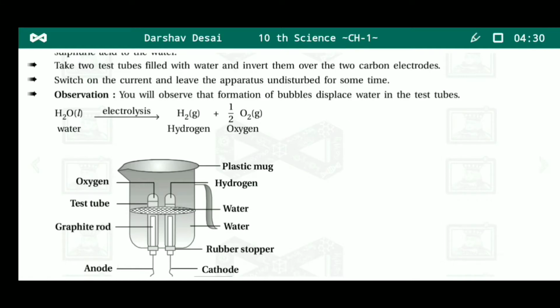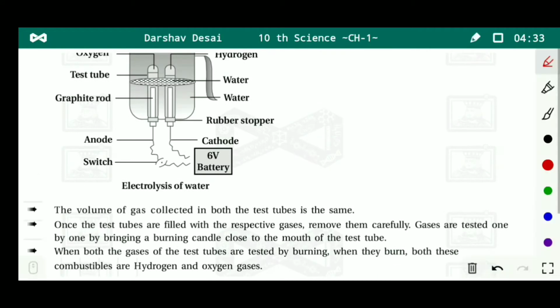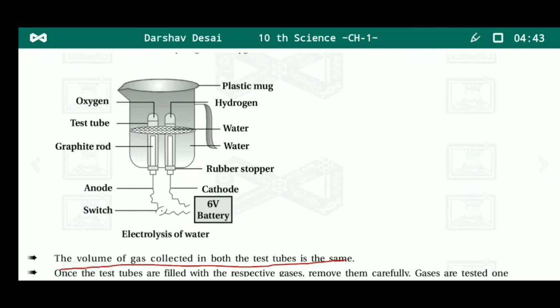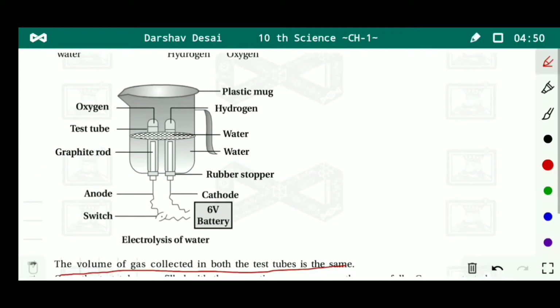Now in this experiment, the volume of gas collected in the two test tubes is different; hydrogen and oxygen are produced. Now on which side is oxygen produced and on which side is hydrogen produced? The cathode is negatively charged, and the anode is positively charged.